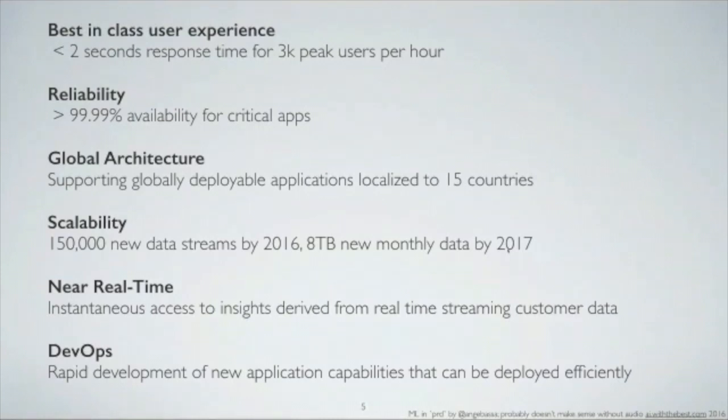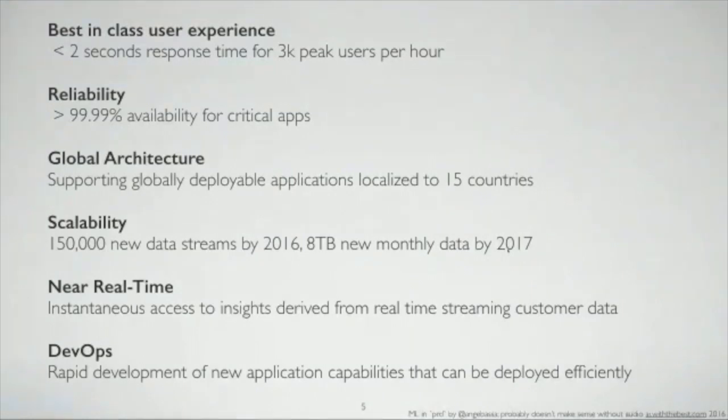When we talk about scalability, we're talking about 150,000 new data streams expected by the end of this year and 8 terabytes of new monthly data by 2017. So we're not talking about crazy scale that the largest retail players in the space reach, but it is quite sizable.